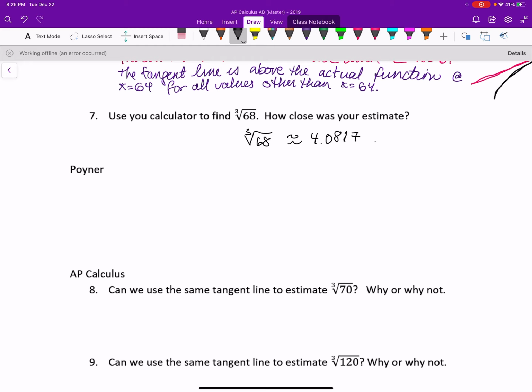All right, can you use the same tangent line to estimate the cube root of 70? Yes, you can, because 70 is still relatively close to the 64 compared to the 125.